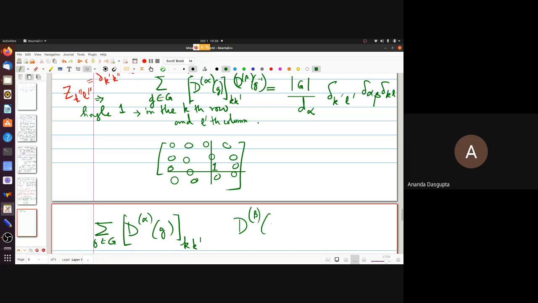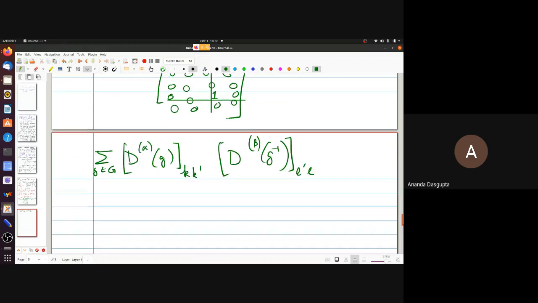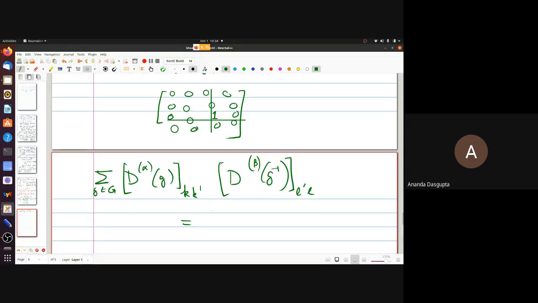D beta G inverse, take the L prime, Lth element, equals mod G by D alpha delta alpha beta delta KL delta K prime L prime.